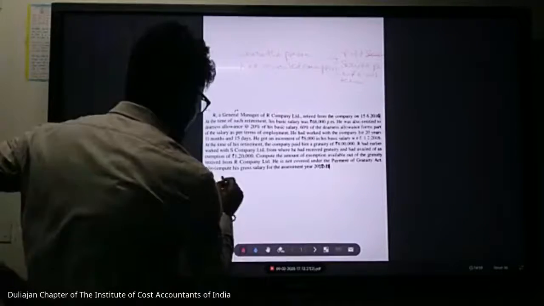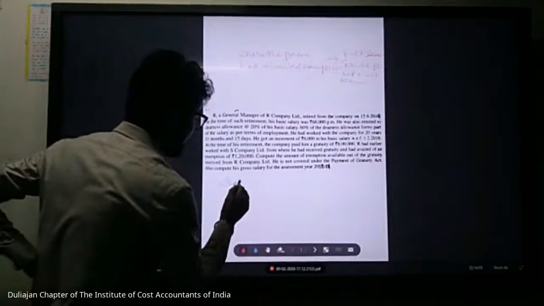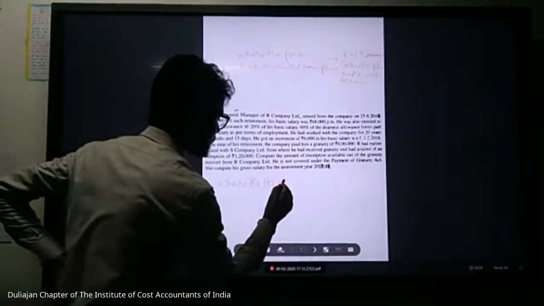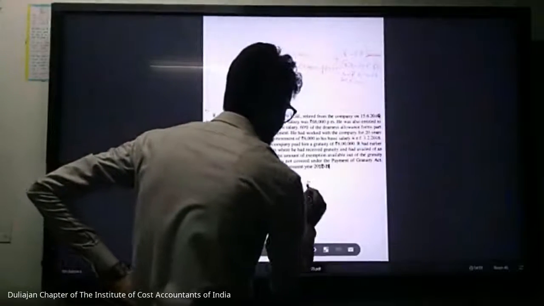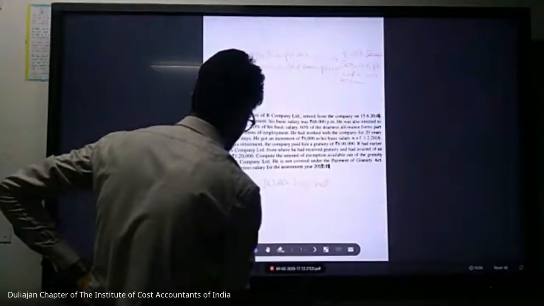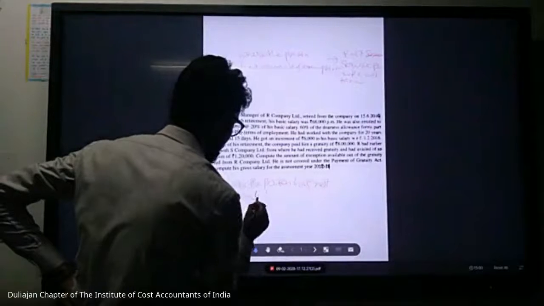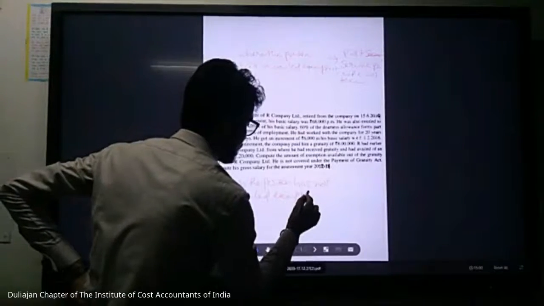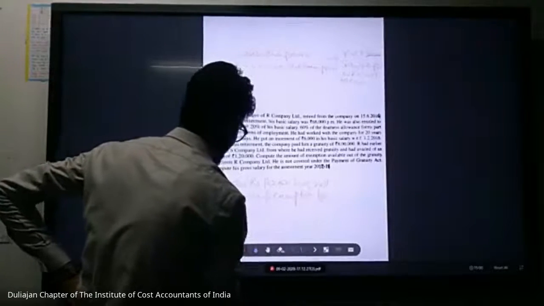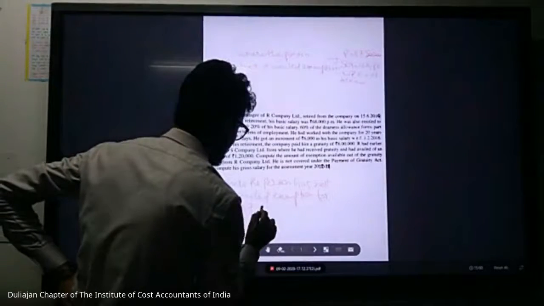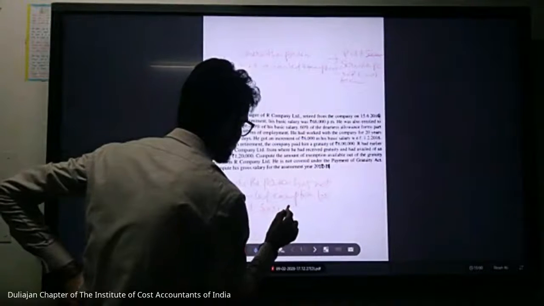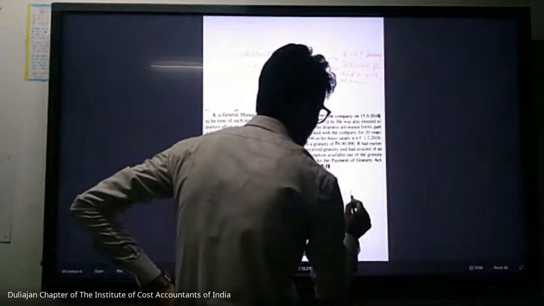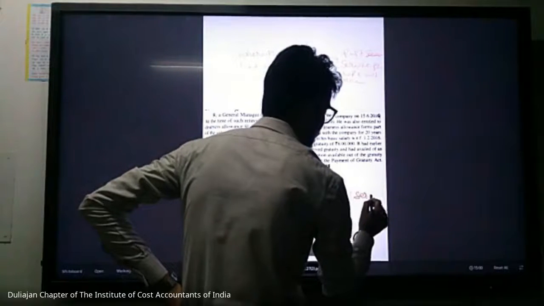But where the person has not availed exemption for the past service, then past service years are also taken.